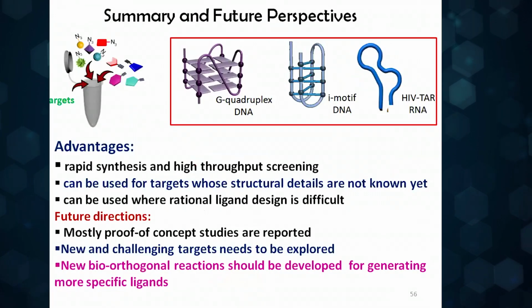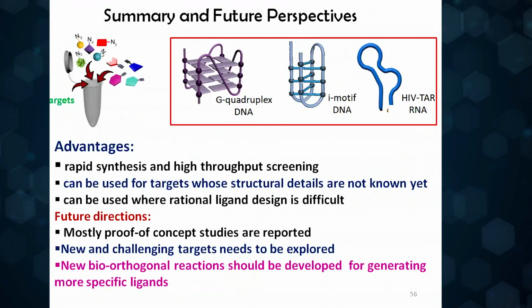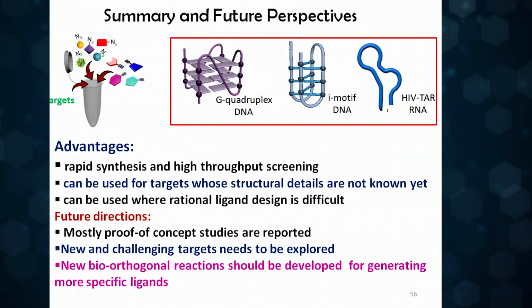So this is my last slide, to summarize: in situ cycloaddition can be used to develop selective ligands for DNA and RNA secondary structures. As already mentioned, this method combines both synthesis and screening, and therefore it can bridge the gap between synthesis and screening, and it also enables rapid synthesis and high throughput screening.